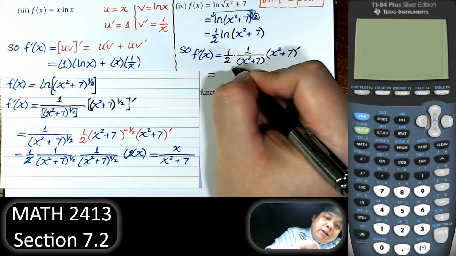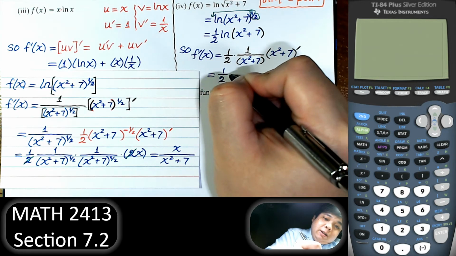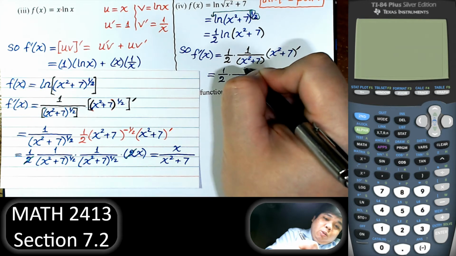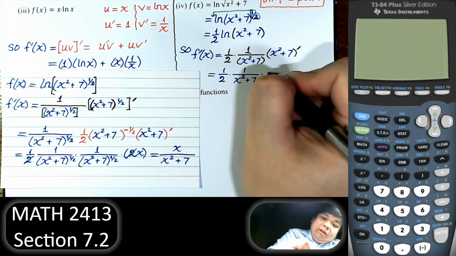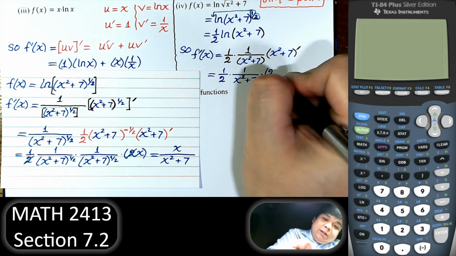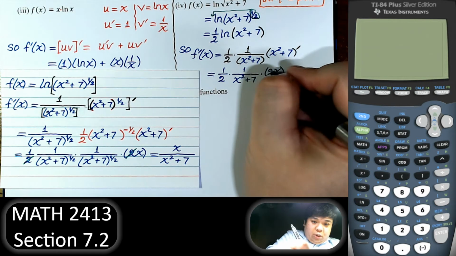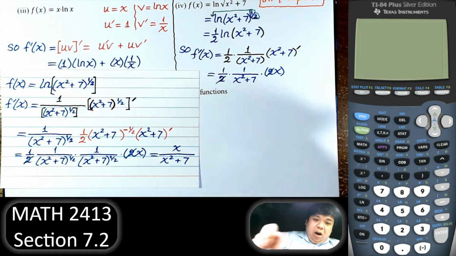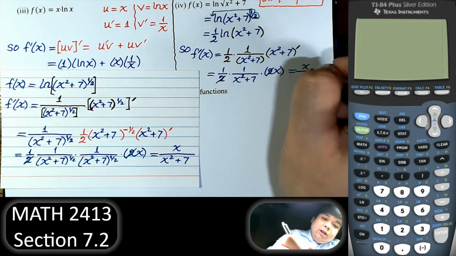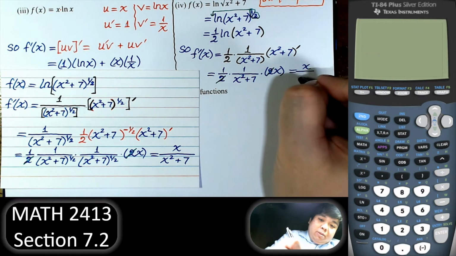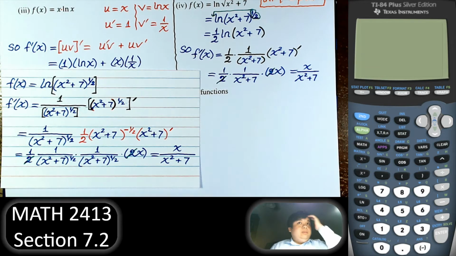And that gives us 1/2 times 1 over x squared plus 7. The derivative of this is 2x. Right, we can put 2x on the top, the 2 on the top cancels with the 2 at the bottom, and we have x on the top and x squared plus 7 at the bottom. Right?